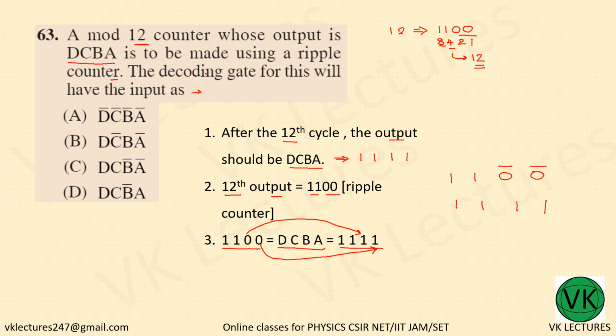It should be given a bar, and if you give bar to DCBA according to this input, we will get D, C, B bar. Why B bar? Because it is 0 bar, and again A bar. So this is the last output in the mod 12 counter, which will be the input. So option is option C.